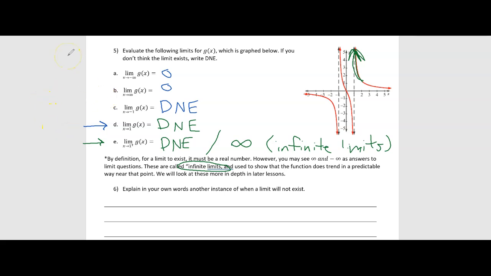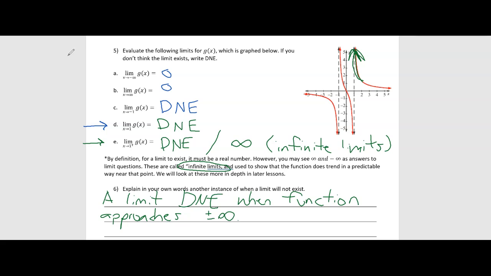So for number 6, a limit will not exist when the function is approaching positive or negative infinity. Again, that's just because if we go down to the core definition of a limit, it's when the function approaches a real number.